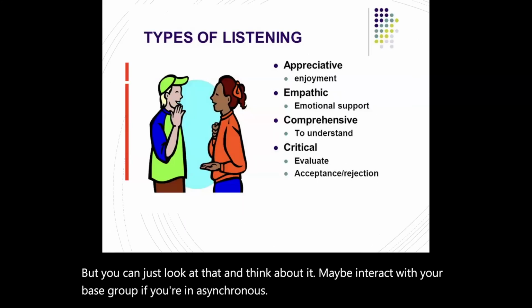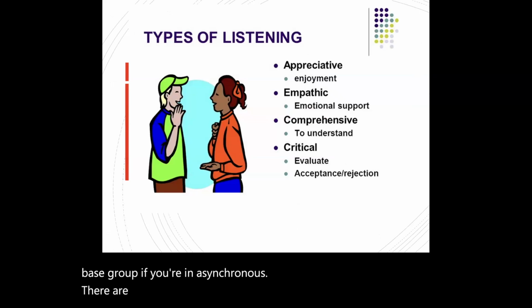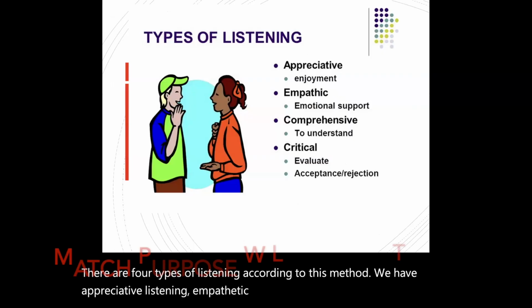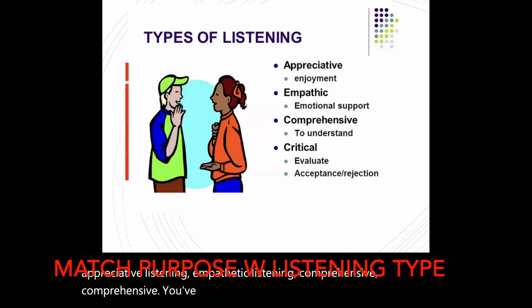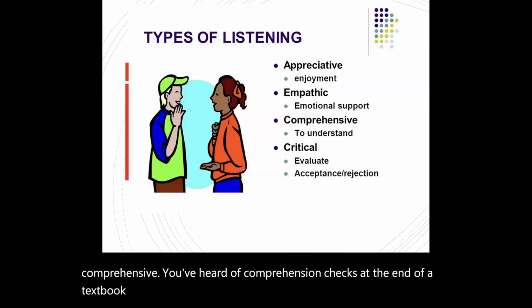There are 4 types of listening, according to this method. We have appreciative listening, empathetic listening, comprehensive. You've heard of comprehension checks at the end of a textbook chapter, and critical listening. Look at this list and its explanation and combine it, connect it, match it to its specific purpose.